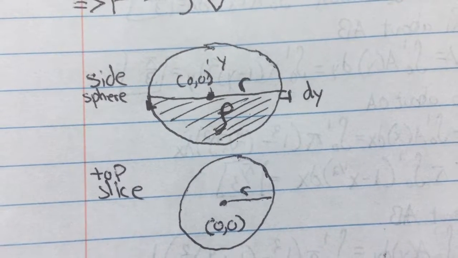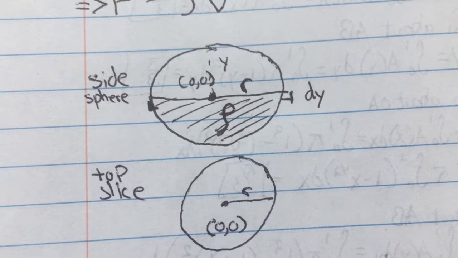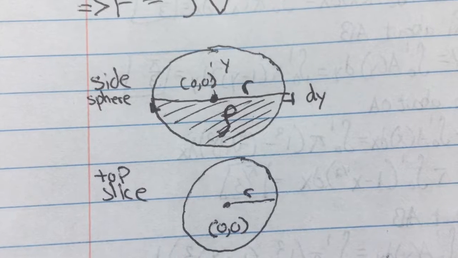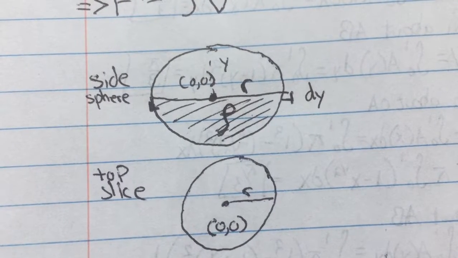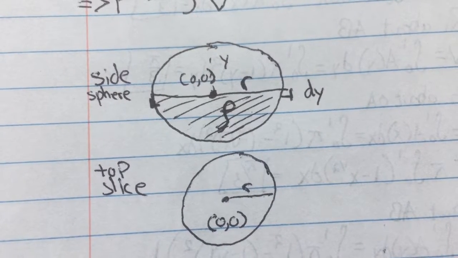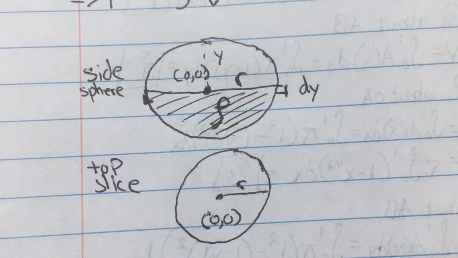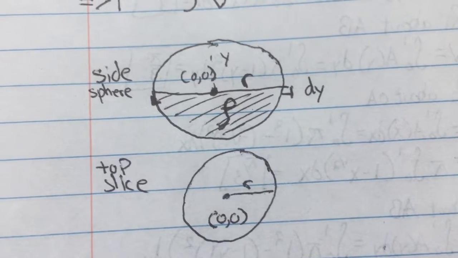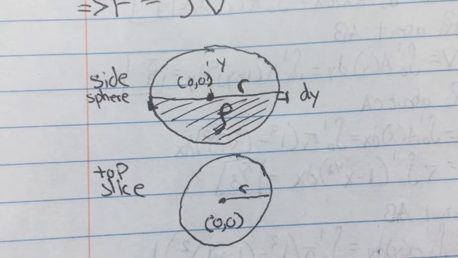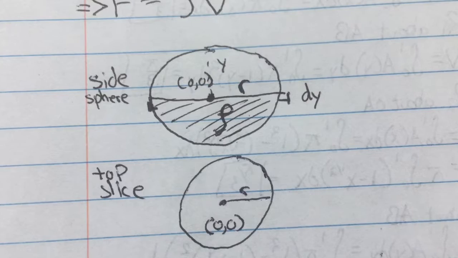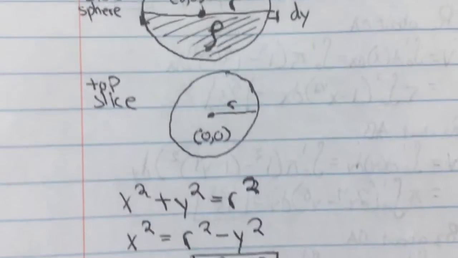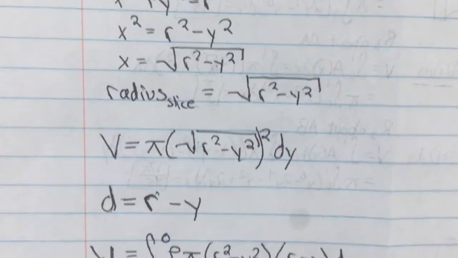Then the distance from the top of the sphere, which is 0, 8, straight down to where our slice of water is, 0, y, is 8 minus y. 8 just because our radius is 8; it would obviously be whatever the radius is minus y, and I wrote 8 because I didn't keep it generalized.